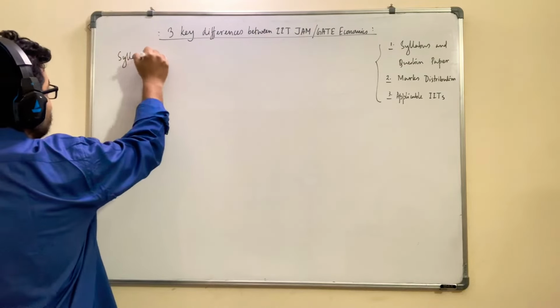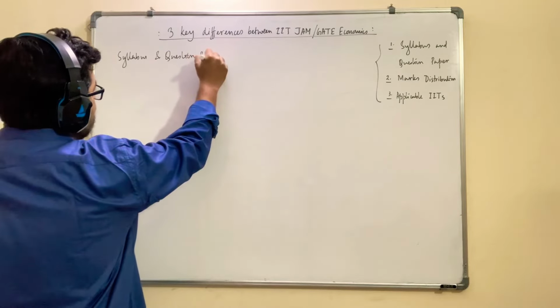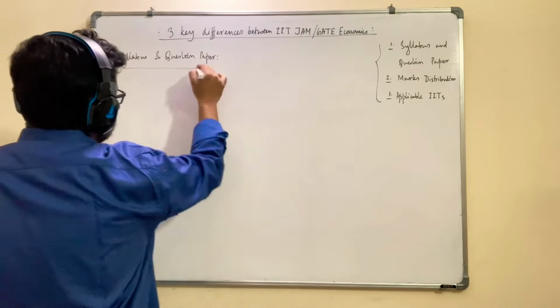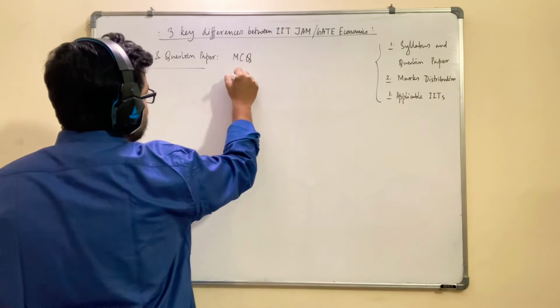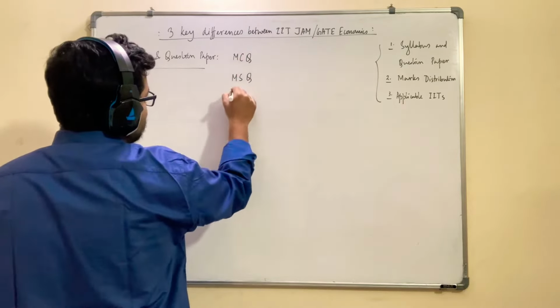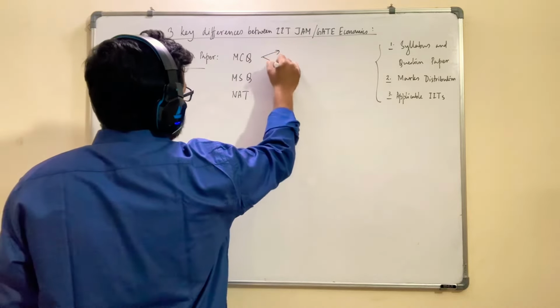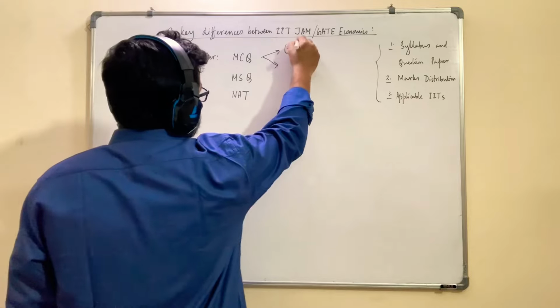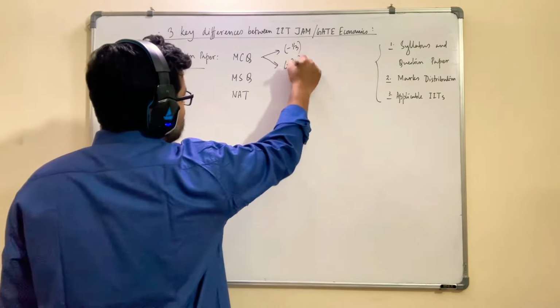Now all we know is that there are three kinds of question which will be asked. So there will be MCQ, there will be MSQ, and there will be NAT, right? For MCQ we have -1/3 for a 1 mark question, -2/3 for a 2 mark question.